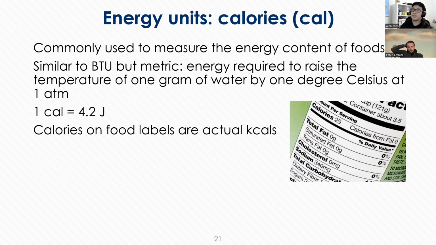So in this class, we're going to talk about energy all the time. If the concepts here are less familiar to you, it's definitely something that you want to get comfortable thinking about.